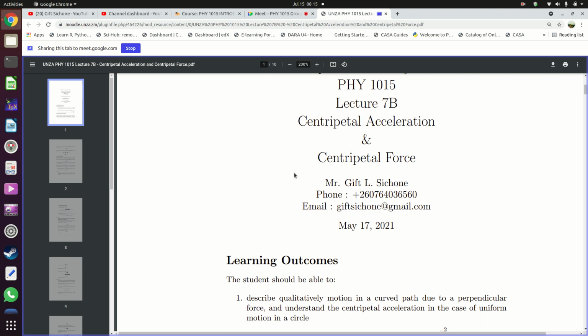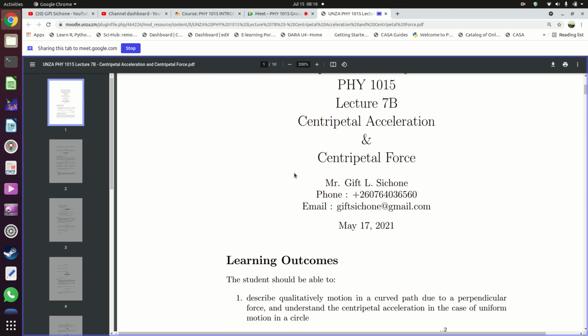Are we clear? Whenever an object undergoes an acceleration, this object has mass. If the object is not accelerating, meaning its velocity is not changing, even though it has mass, its acceleration is going to be equal to 0. So it's not the mass of the object which causes acceleration.